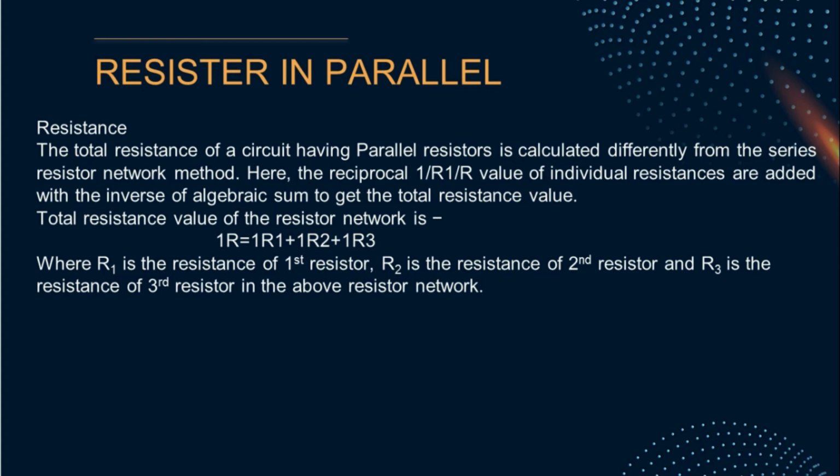The total resistance value of the resistor network is 1/R equal to 1/R1 plus 1/R2 plus 1/R3, where R1 is the resistance of the first resistor, R2 is the resistance of the second resistor, and R3 is the resistance of the third resistor in the above resistor network.